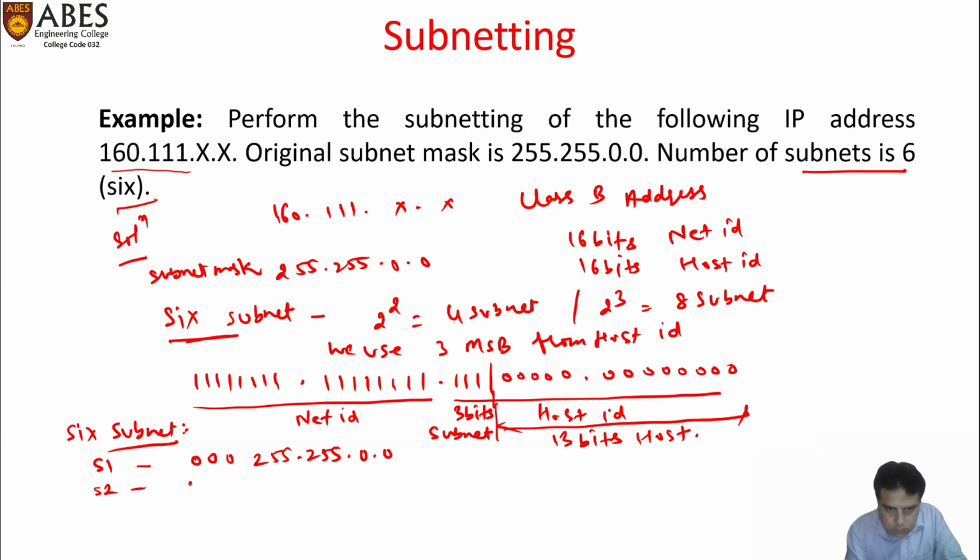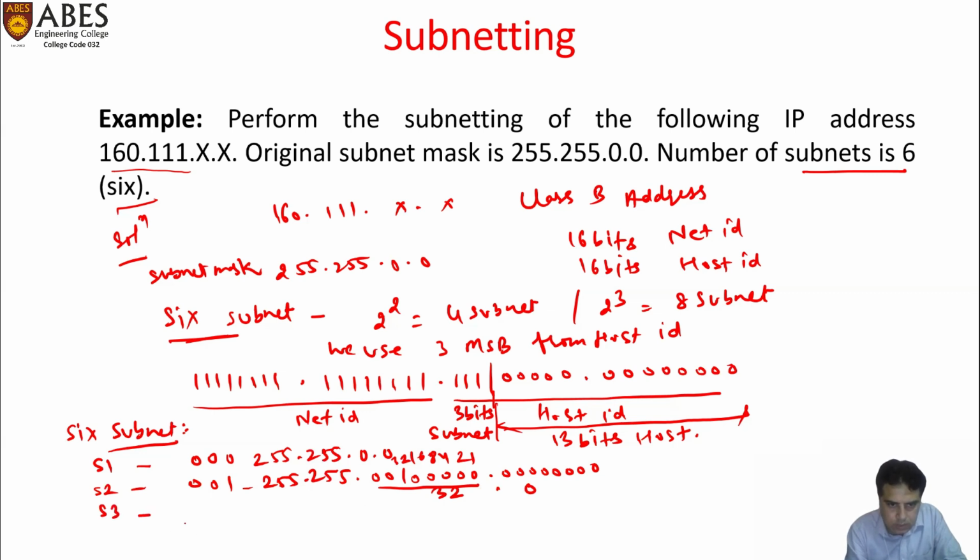For S2, 0, 0, 1 means 255.255. Then 0, 0, 1 followed by 5 zeros, which in decimal is 1, 2, 4, 8, 16, 32. This is 32.0.